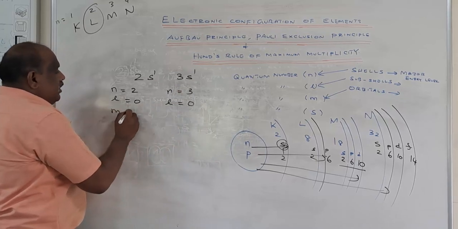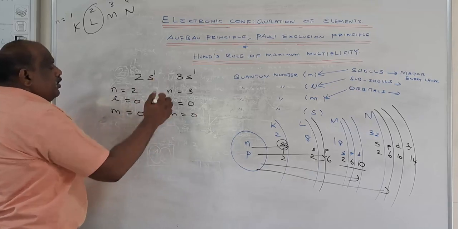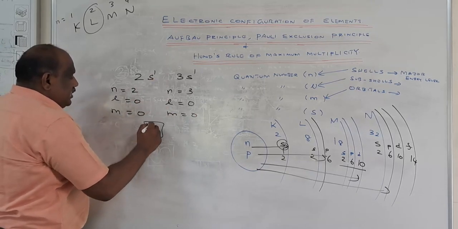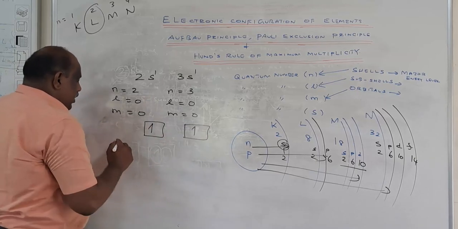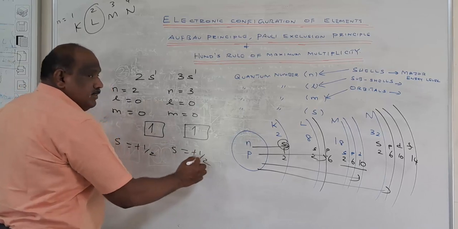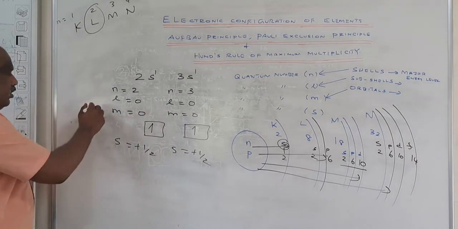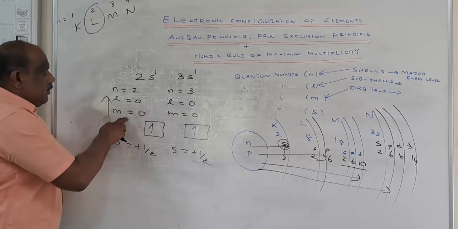What about the magnetic quantum number? That will also be 0 only, and here also 0 only. What about the spin? Both have only one electron, one in the 2s and one in the 3s, and both are in the upward action. So s will be plus half here, and s is also plus half here. Here you can see, even though these three quantum numbers are the same, l equals 0 here also l equals 0, m equals 0, m equals 0.